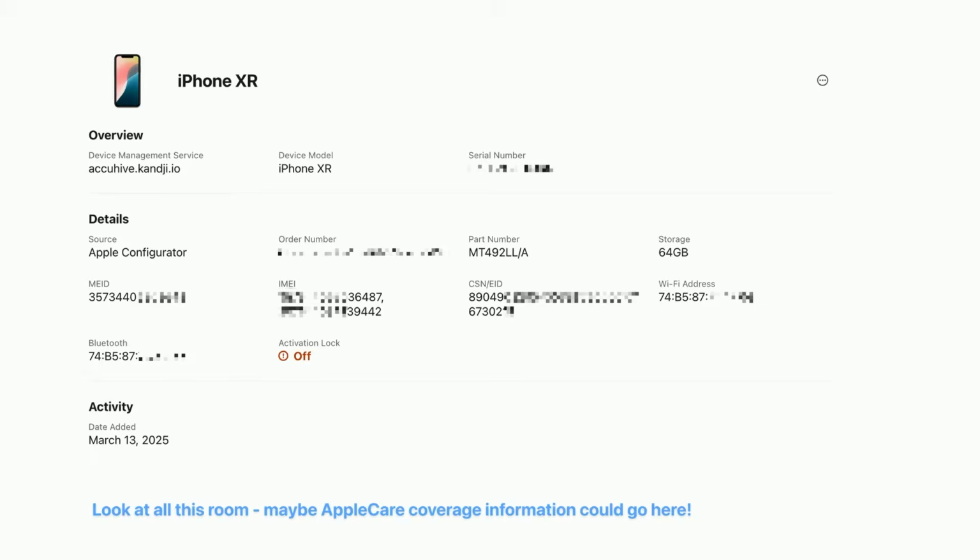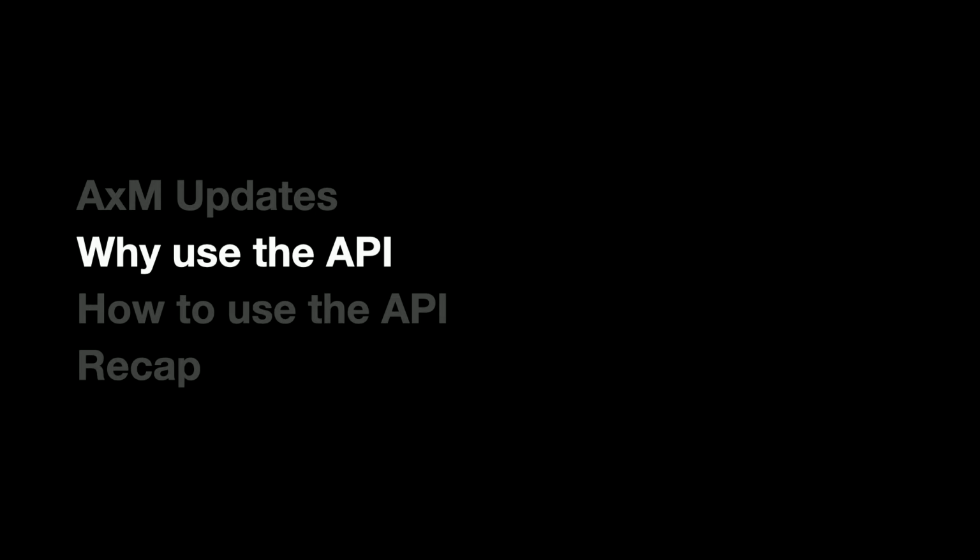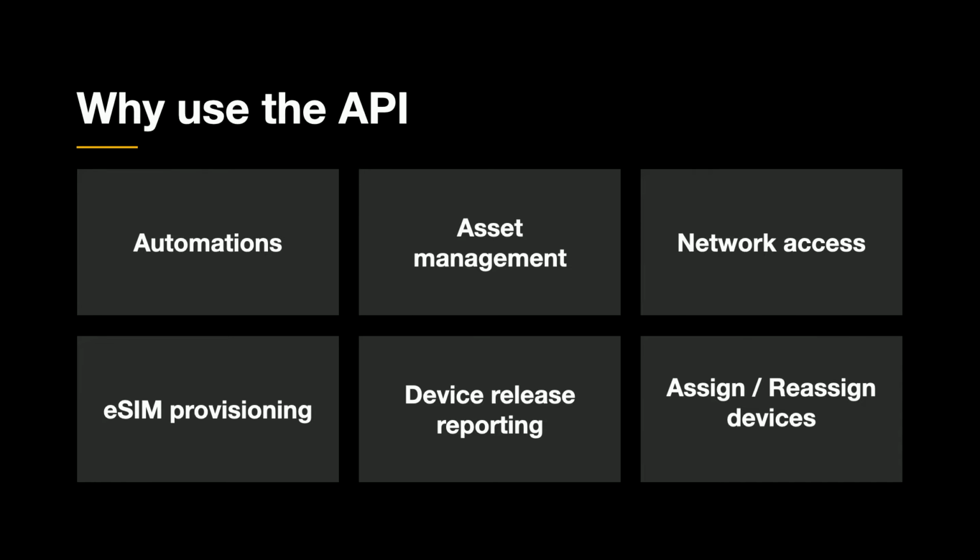Yeah, well, let's go to the next slide and talk about some more reasons why you would want to use the API to programmatically grab information from Apple Business Manager and Apple School Manager and do something with it. So lots of different reasons, and we'll ask you in a second, but just in general, using automations plus API just makes sense.